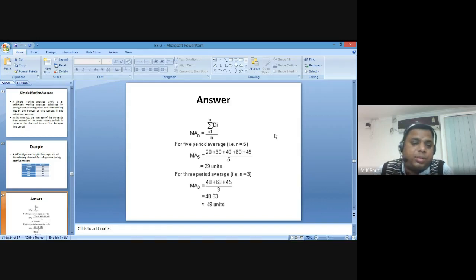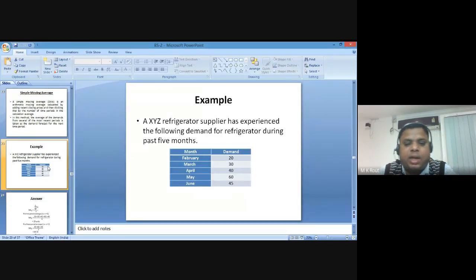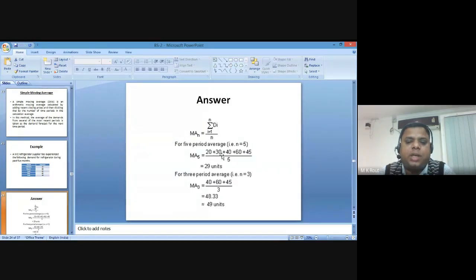In the previous months, in February the demand is 20, in March 30, in April 40, in May 60, in June 45. So if I ask for the 5-month moving average to calculate the demand forecast for July, you directly add 20 plus 30 plus 40 plus 60 plus 45, divided by 5. And you get the demand forecast for the month of July as 29 units.